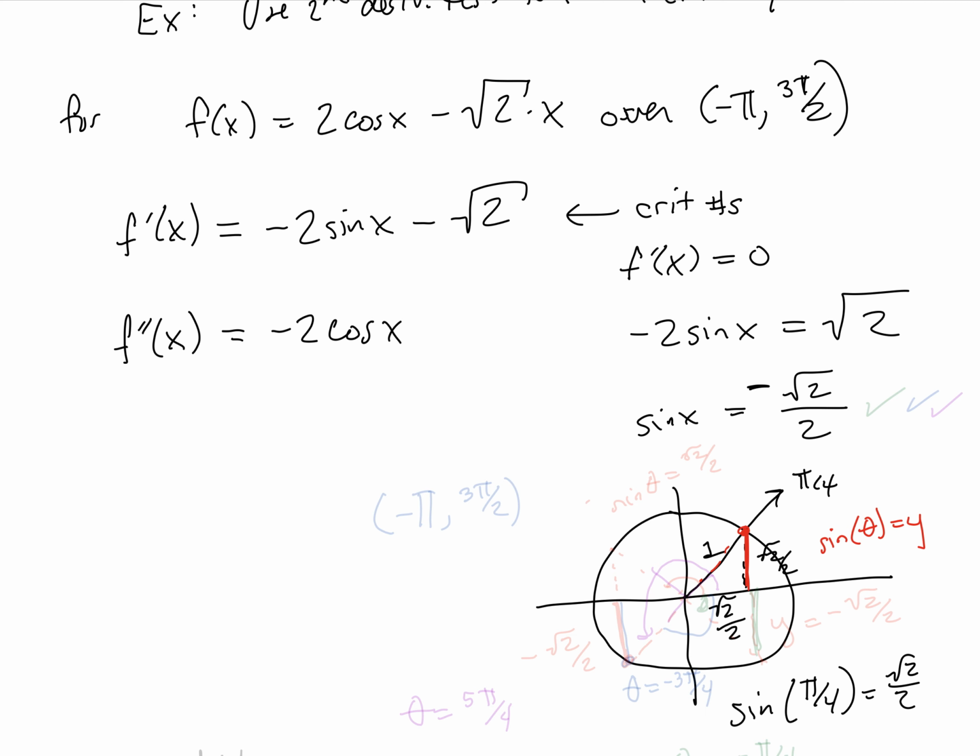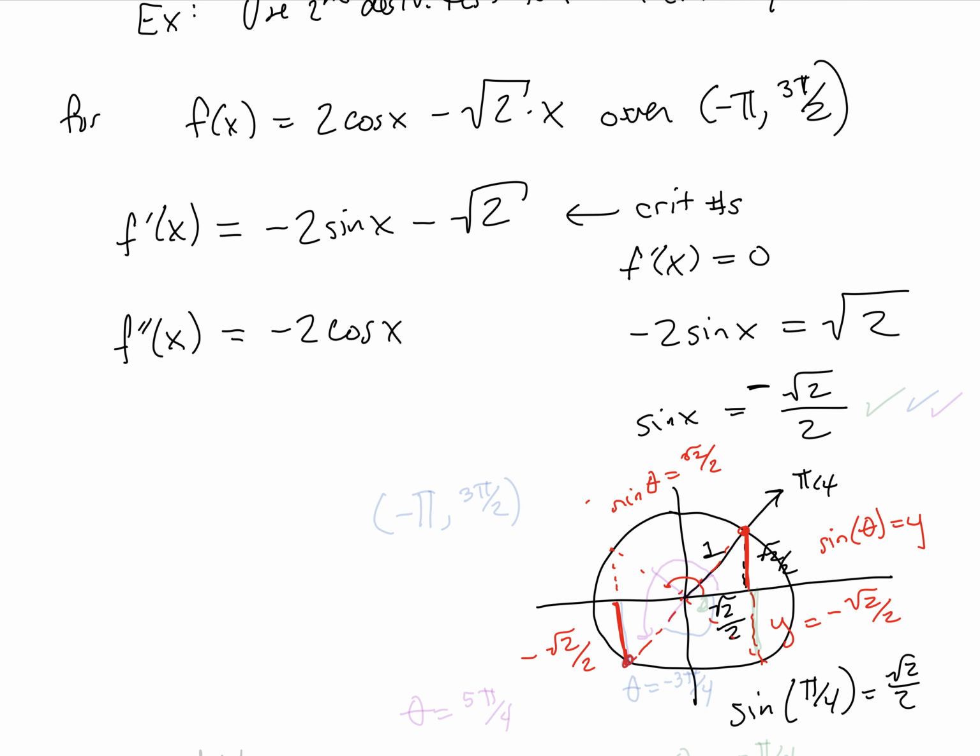If we looked at the exact same angle over here, sine of that angle would still be square root of 2 over 2, still positive because the y value is positive. But if we look at the opposing angles over here, we've got the same triangle where the y value is now negative square root of 2 over 2. And here as well, the y value at this point is also negative square root of 2 over 2.